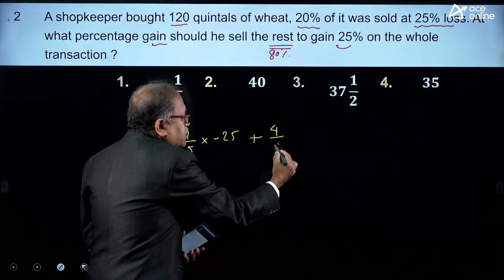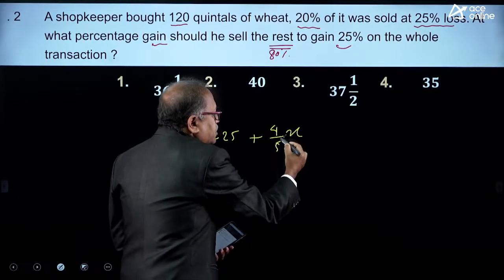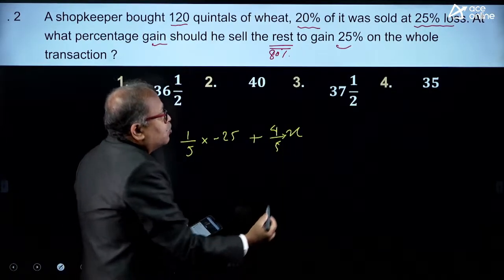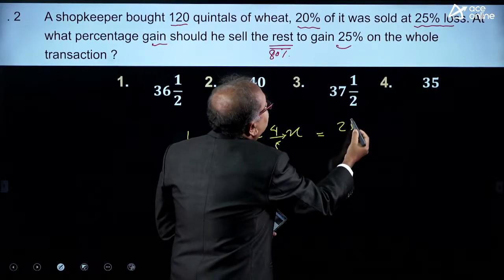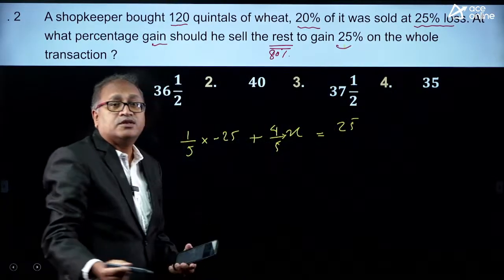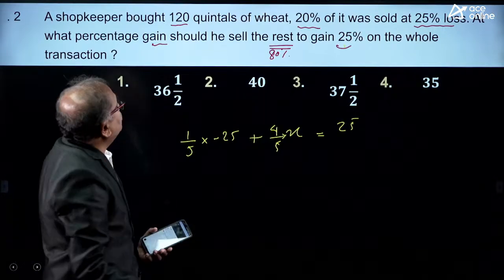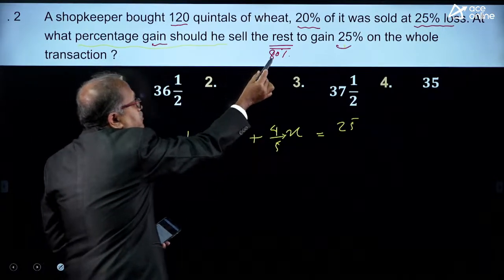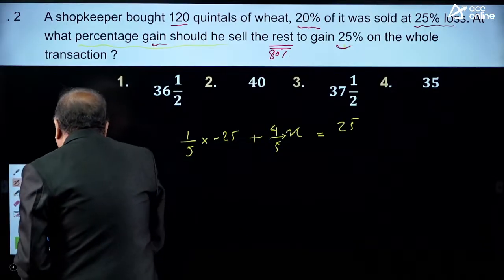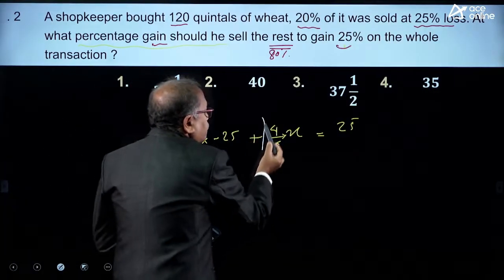So 4/5 he sells at X% profit, then overall he gets a profit of 25%. That's all. So what is asked is the percentage gain at which he should sell the rest. So I need to find out the value of X.